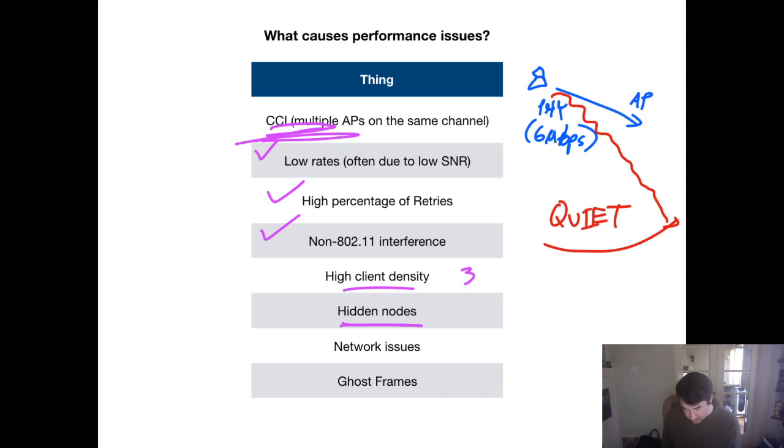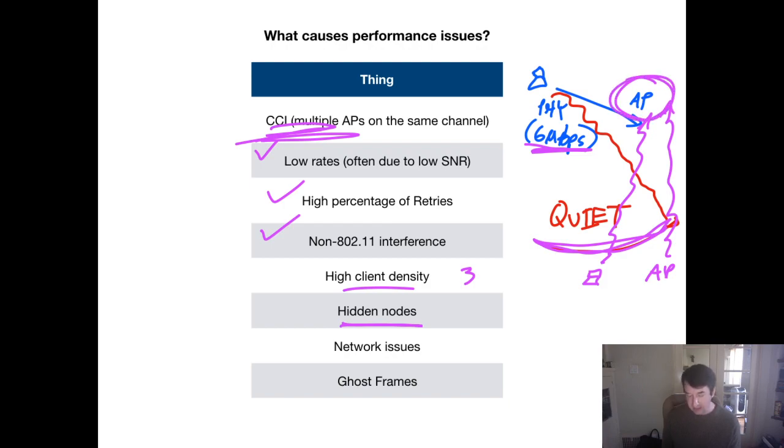The issue is there may be some other AP or some other client device that's beyond the range of the 6 megabits per second physical layer header, whose own Wi-Fi traffic can reach my AP and can cause interference with the AP.